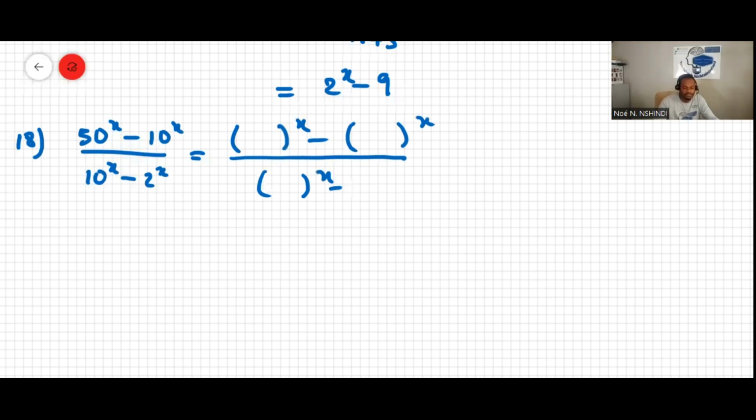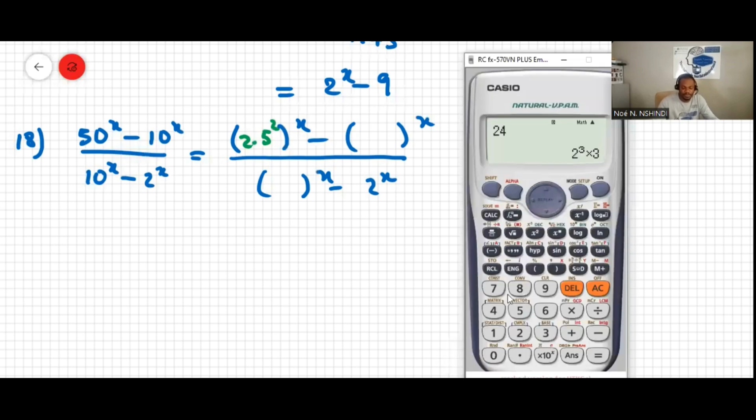I can just leave it as 2 to the x because 2 is already a prime factor. 50 in terms of its prime factors is 2 times 5 squared. You can check in the calculator. You write 50, press shift and then fact. It makes 2 times 5 squared.